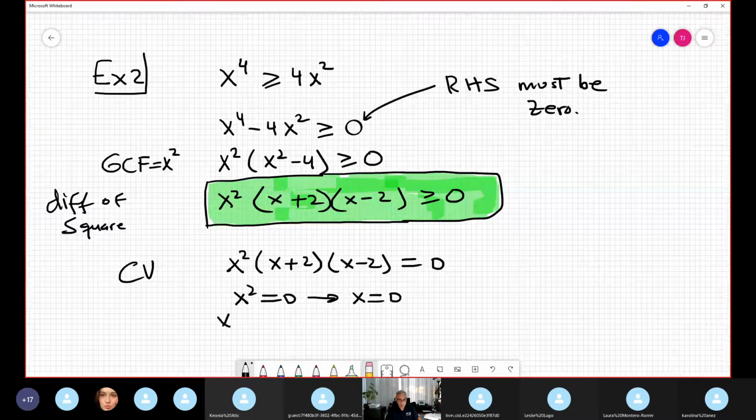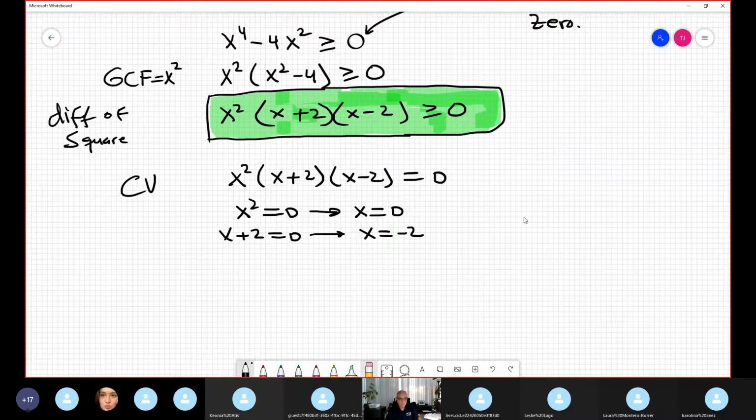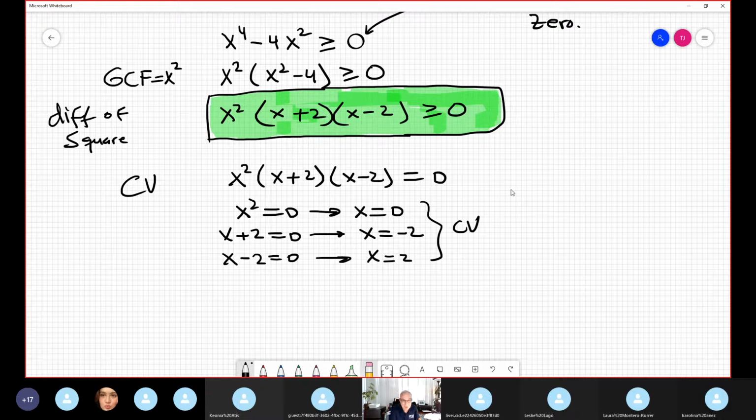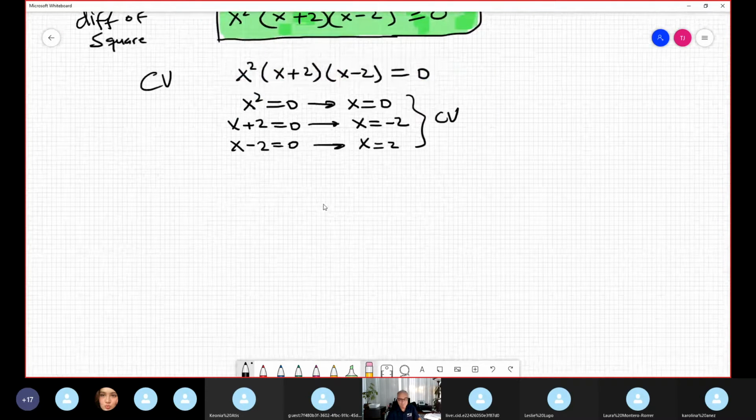Then x plus 2 is also 0, so x is minus 2. And x minus 2 equal to 0, so x is positive 2. This is the collection of critical values that I am using to make a partition of the famous all real number line.